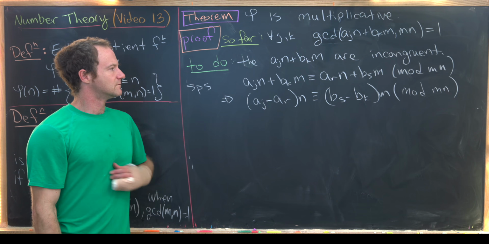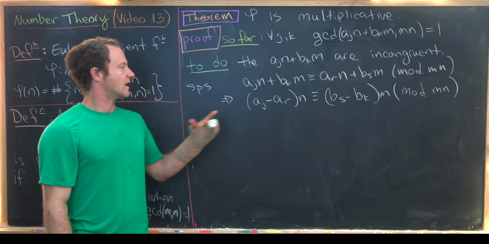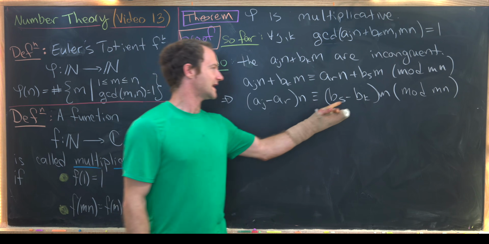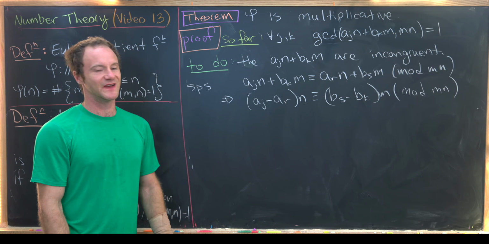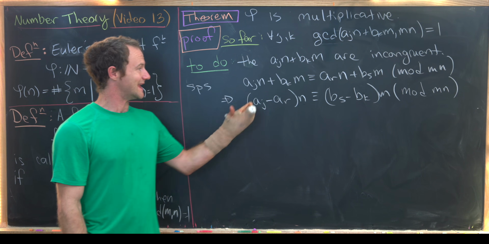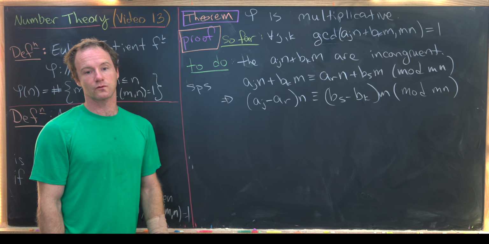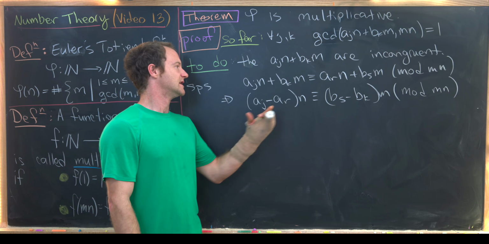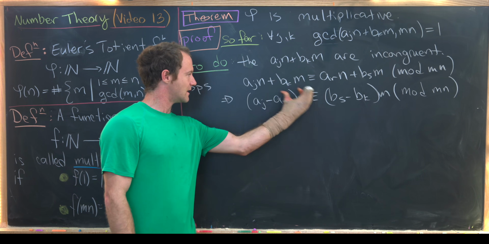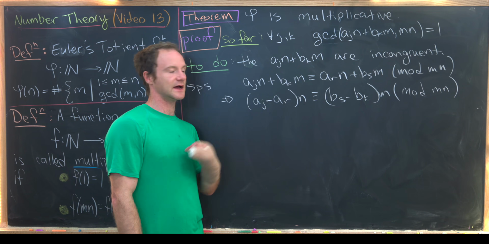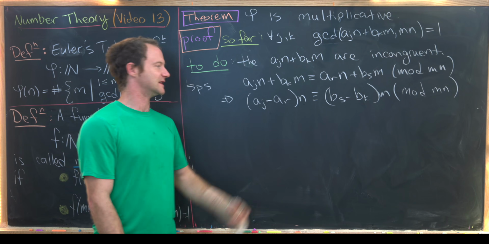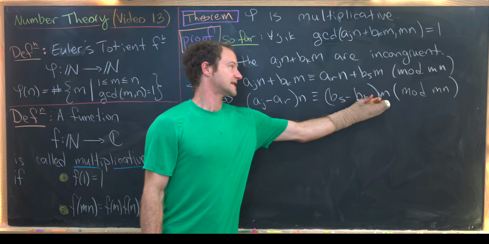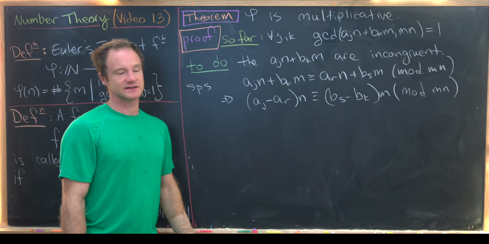Okay, but let's see what we've got. The left-hand side is a multiple of n. The right-hand side is a multiple of m. But n and m are relatively prime. But that tells us that the multiple of m that's occurring on the right-hand side must be wrapped up in this AJ minus AR, because since the right-hand side's a multiple of m, so is the left-hand side.